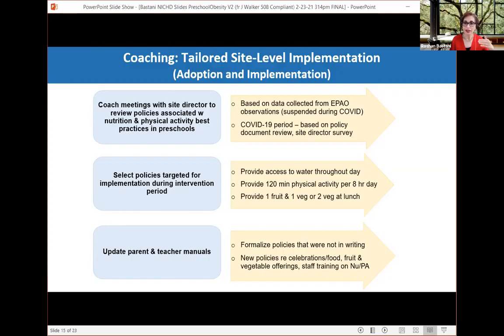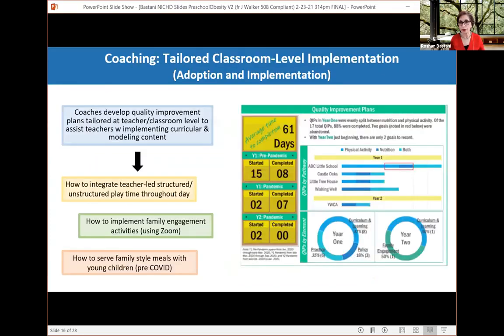They agree that at their school, they're going to do 120 minutes of physical activity per 8-hour day, or that they would provide at least 1 fruit and one vegetable or 2 vegetables at lunch. So very specific policies that the schools are going to adopt, and then helping to change the teacher and parent manuals at the school to show these new policies.